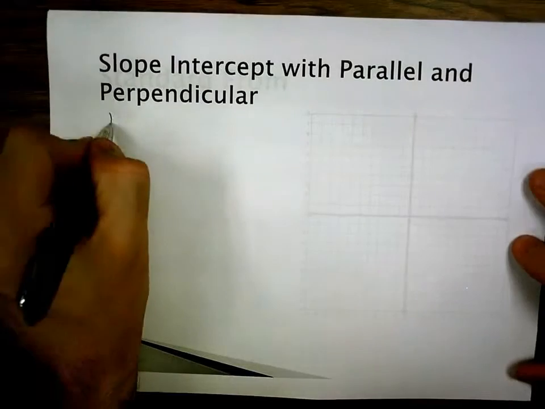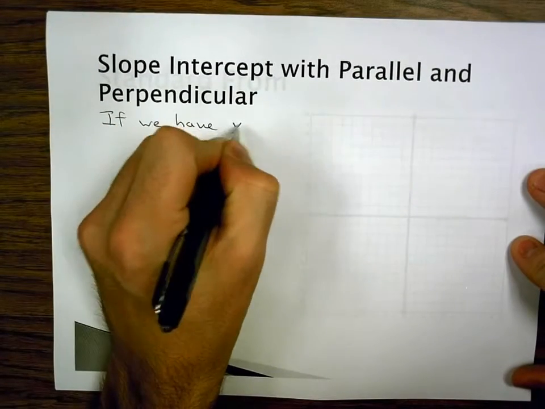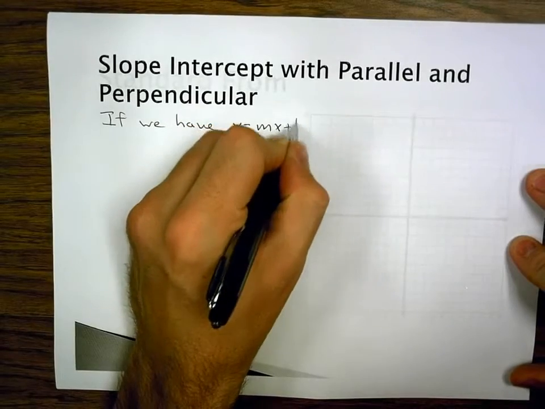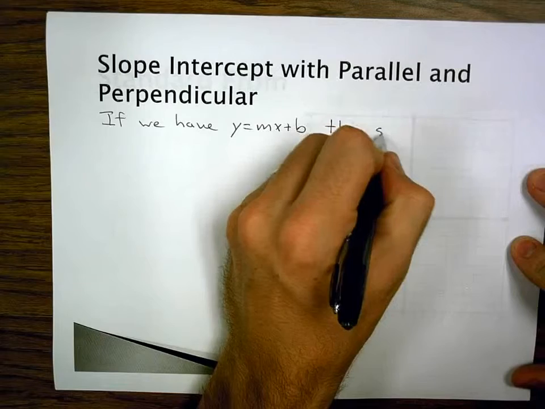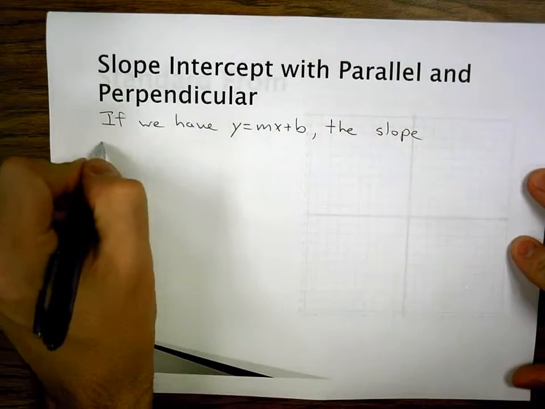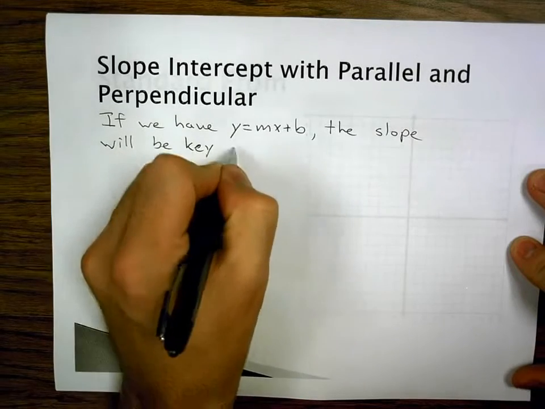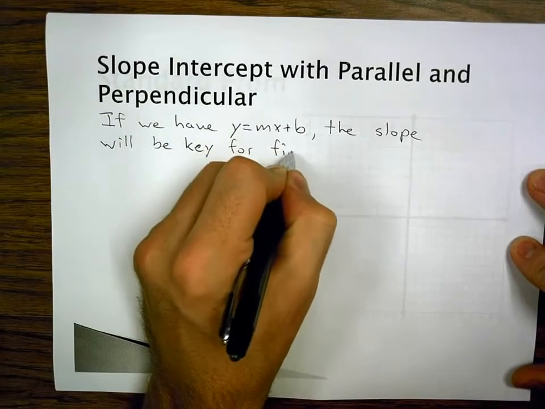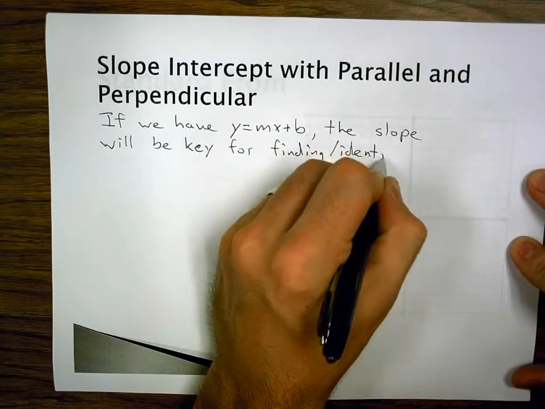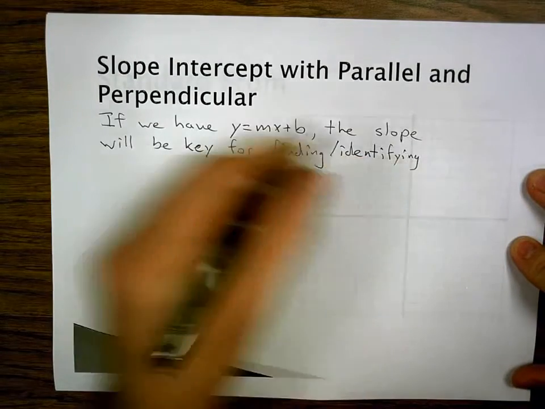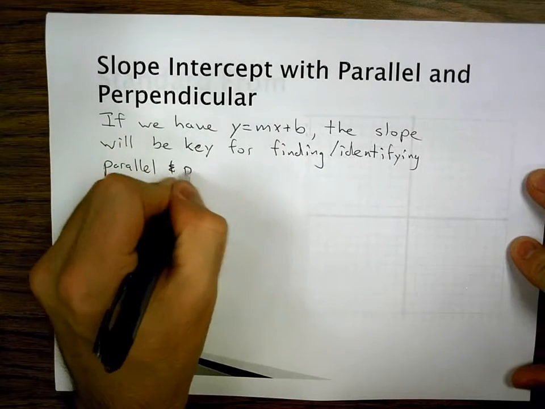So if we have y equals mx plus b, the slope will be key for finding and identifying parallel and perpendicular lines.